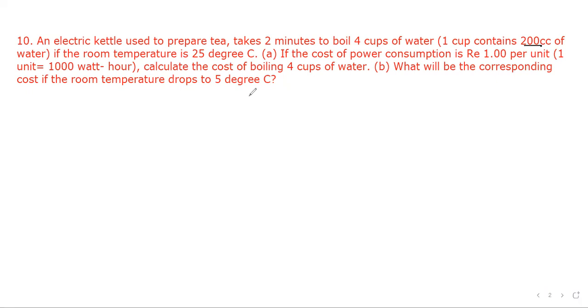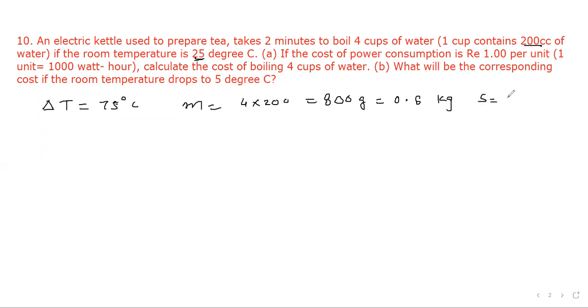So here, in first case, temperature rises from 25 to 100 because boiling point of water is 100. So temperature difference delta T will be equal to 75 degrees centigrade. And mass of water is 4 times 200, that is 800 gram, which is equal to 0.8 kg and specific heat of water is 4200 joule per kg per degree centigrade.